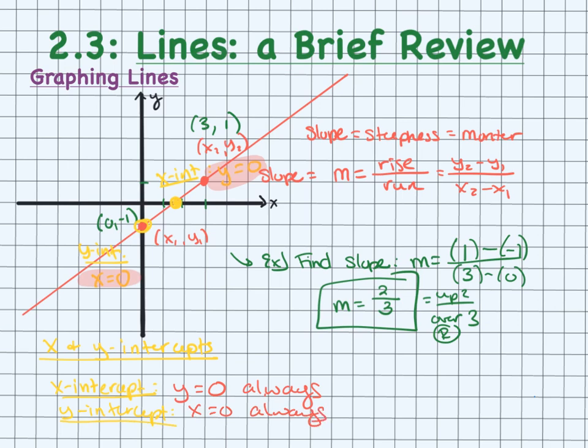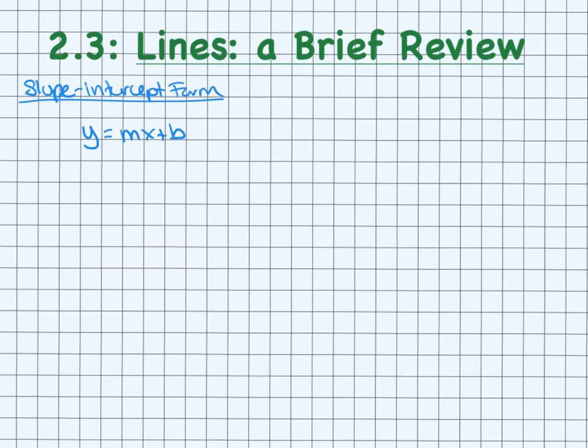Okay, so let's use this information to talk about a quick way to graph lines, and that is using the slope-intercept form. Y equals mx plus b, where m is the slope of the line, and b, or more specifically, x equals 0 and y equals b, is the y-intercept of the line.